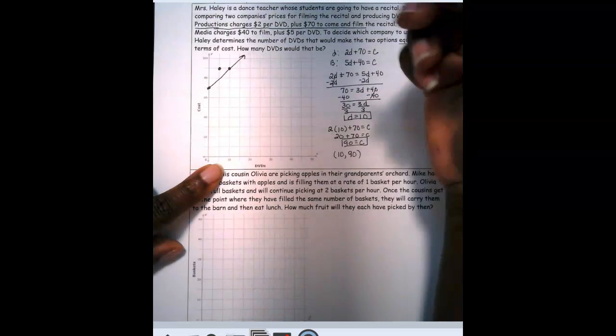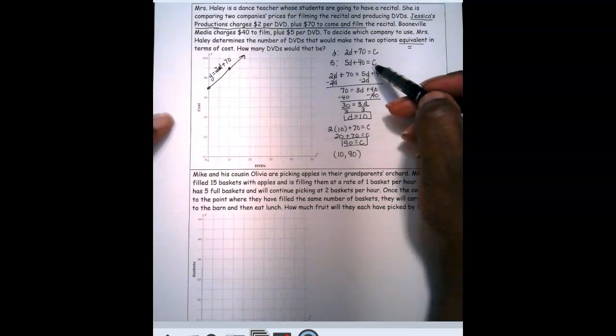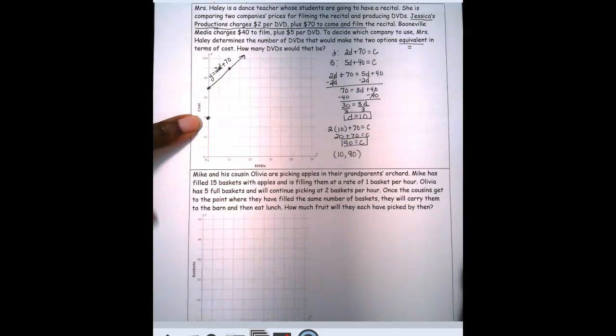I know how I can fix this. I'm going to say this is y equals 2D plus 70. That's that line. How about that? Now the second line, I'm going to do the same thing. I'm going to come down here to 40, which is my y-intercept.